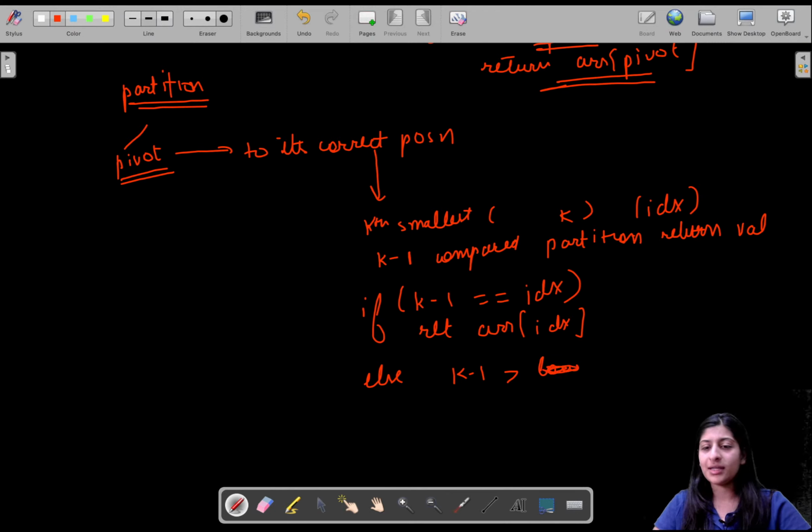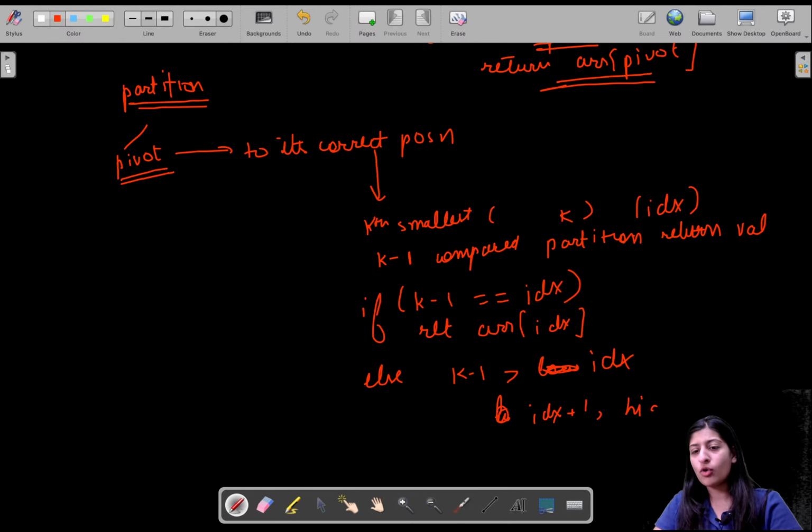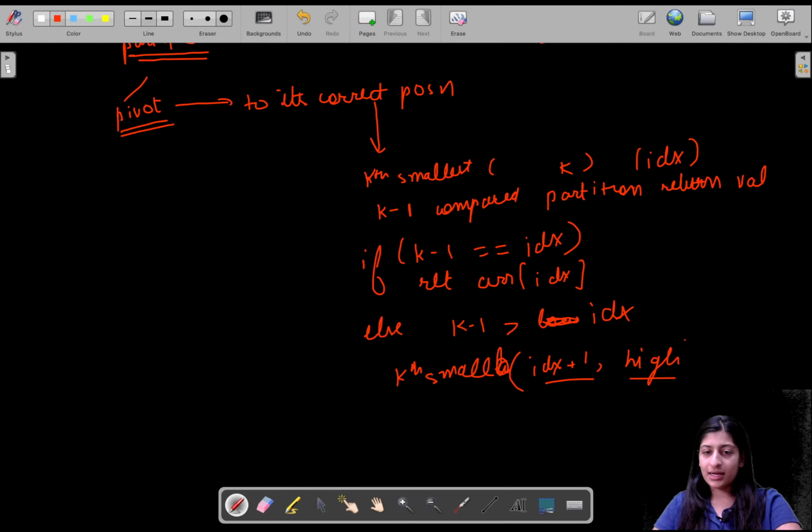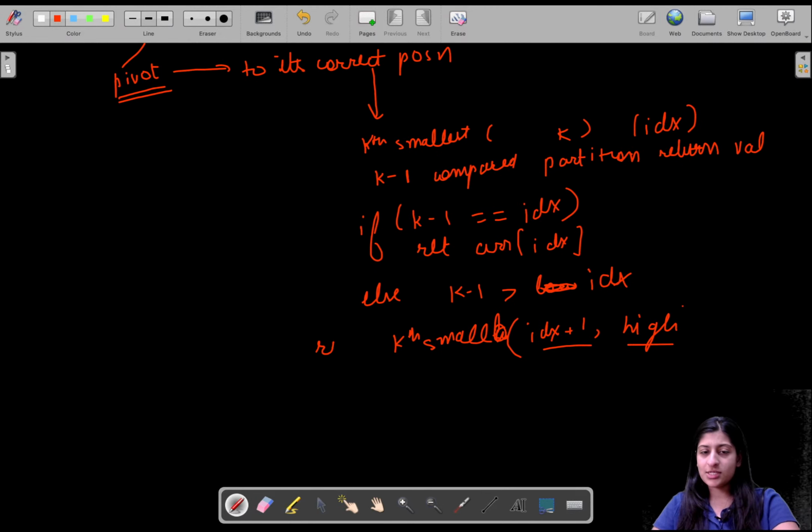If k minus 1 is greater than your index value, that means it is lying somewhere between idx plus 1 and high. So you will make a recursive call of the same function for the window from idx plus 1 to high. In the other case, you are returning this.